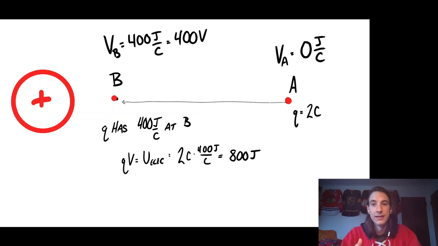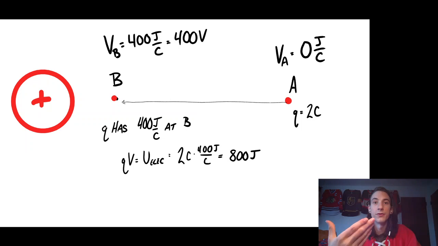So in this case, let's say instead of the ground being a height of 0, this point A has a voltage, which we'll talk about in a second, of 0 joules per coulomb. If we were going to move it from A to B, where B has a voltage of 400 volts or 400 joules per coulomb, we took a 2 coulomb charge and moved it from A to B. We gave it 400 volts.